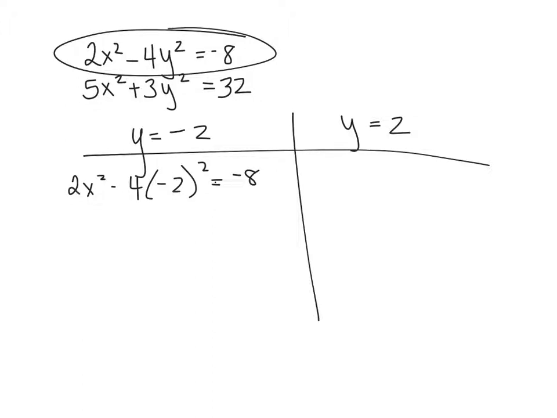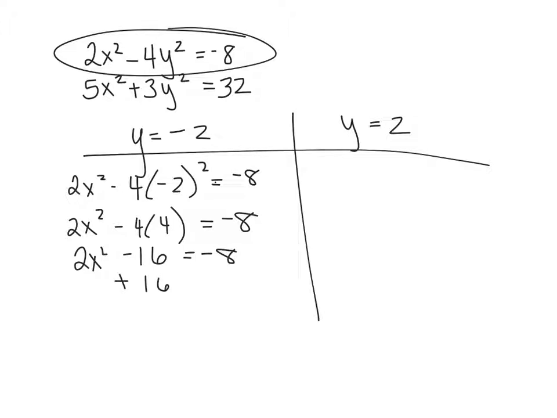First, you apply the exponent on the negative 2, so a negative 2 squared is a positive 4. Now you're going to multiply the 4's together, and negative 4 times positive 4 is negative 16, or minus 16. So I have 2x squared minus 16 equals negative 8.